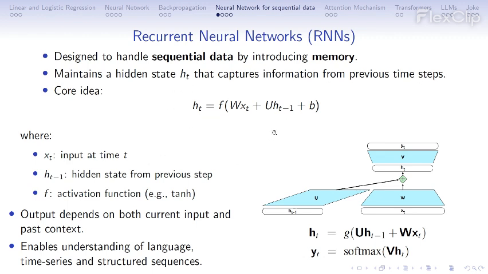And the core idea, what is it? The current hidden state is a function of the weight times the current input, the input times the weight, plus the U matrix of the previous hidden state, plus B. So the only difference is this component here, where xt is input at time t, hidden state from previous activation function.